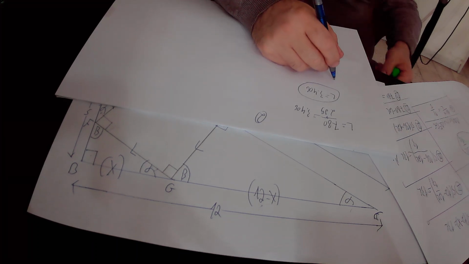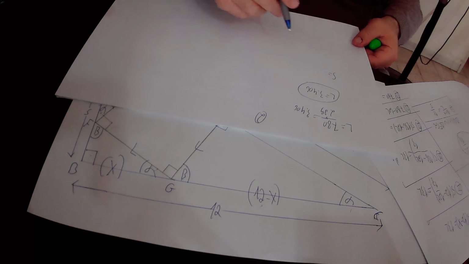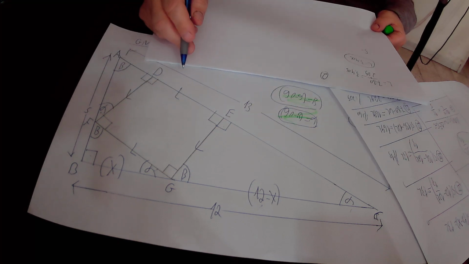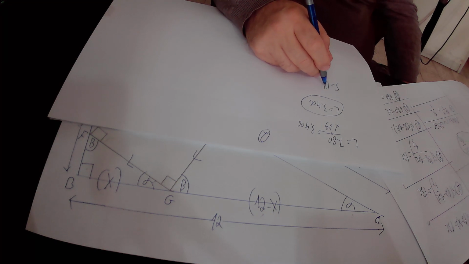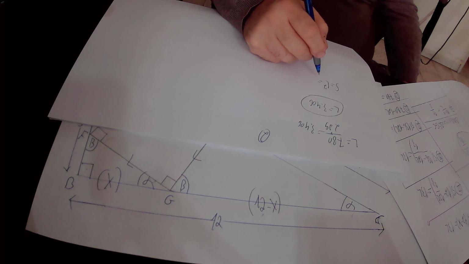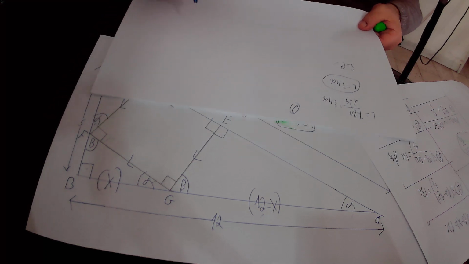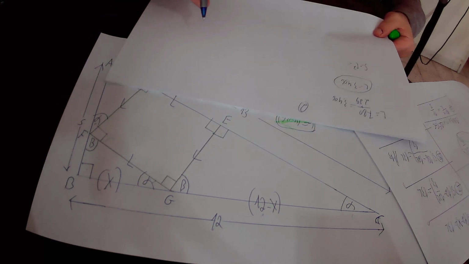the area S, equals one side squared. That is to say, S equals L squared, the area of square DEFG equals L squared.